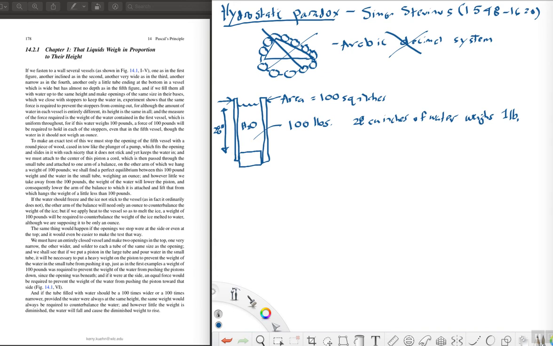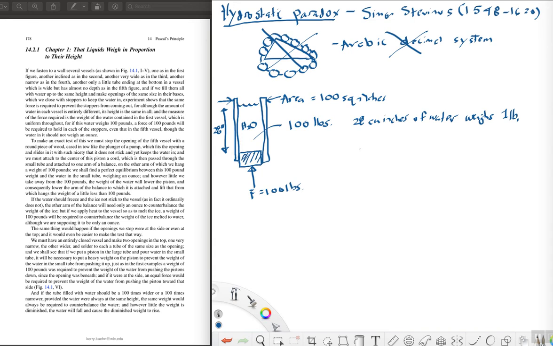So there we have 2,800 cubic inches, and so we have about 100 pounds of water inside of a cylinder. And because we have this little plug in the bottom right here, we would need to apply a force to the bottom of exactly 100 pounds in order to support this column of water. If we didn't apply a 100-pound force, this would all pour out. Now, this in itself is not the hydrostatic paradox. This is just sort of common sense.